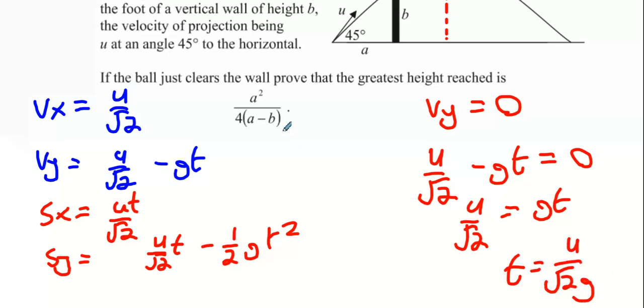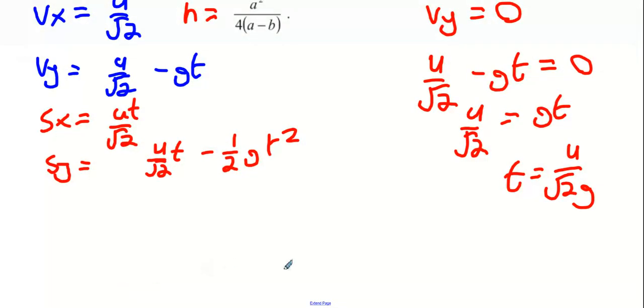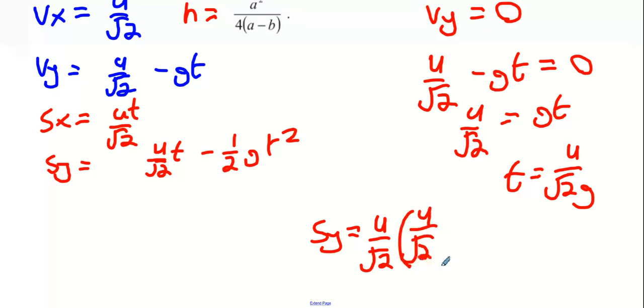How do you find the greatest height reached? The sy formula using that t value. So you're going through your routine. Anywhere you see t, replace it with that. Have I done anything miraculously hard at the moment? Anything insane?